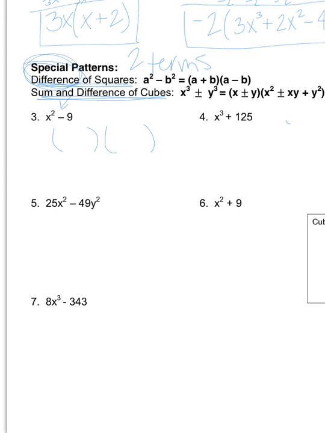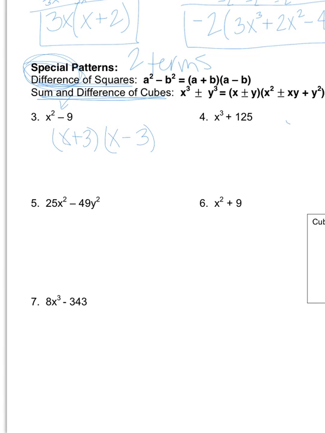To get those factors, you're going to take the square root of the first term, so the square root of x squared is x. That will be my first term of each factor, and then the square root of 9 is 3. Notice on your formula that it's a plus b, a minus b, so it should be x plus 3, x minus 3.